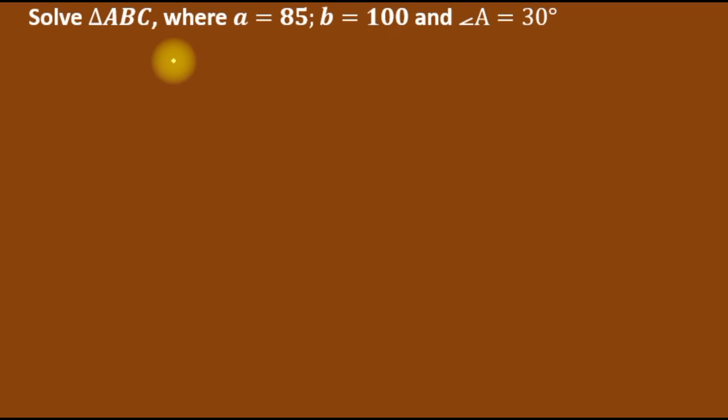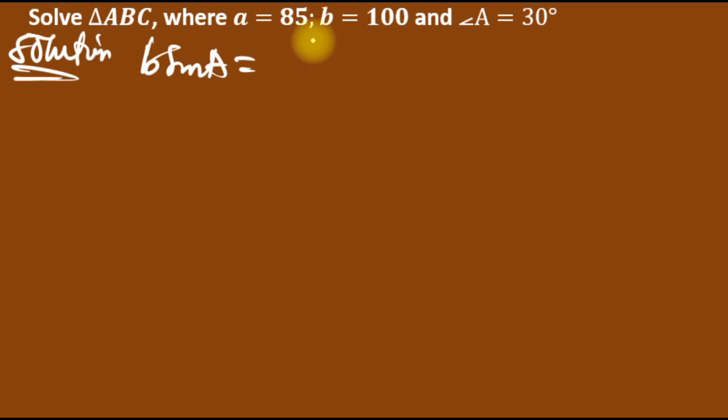So let's check if, okay, let's first do b sine A, and see the results. b is 100 and A is 30, so this is 50.